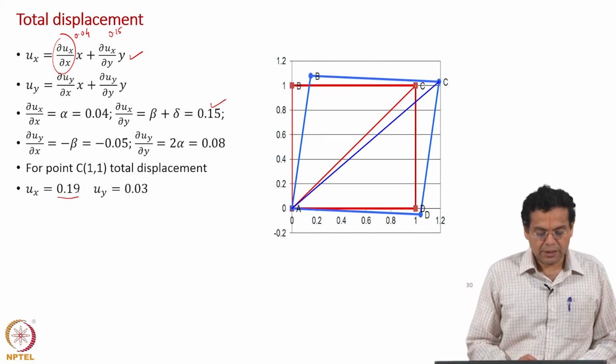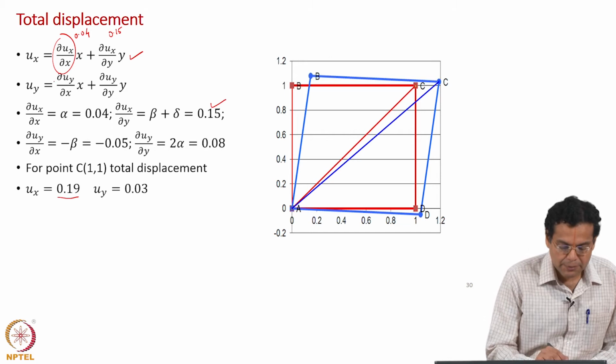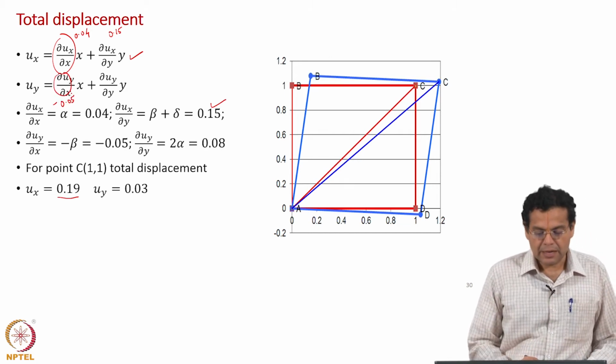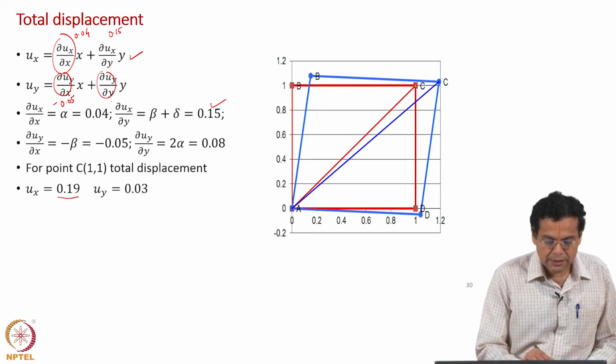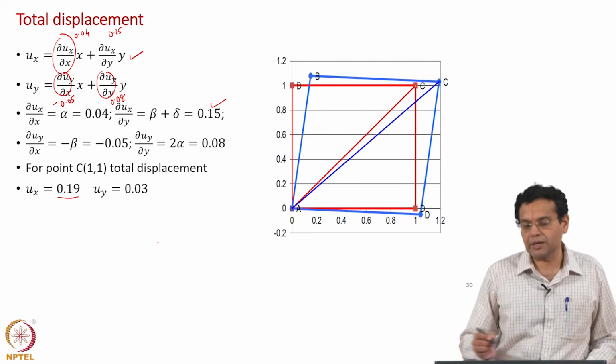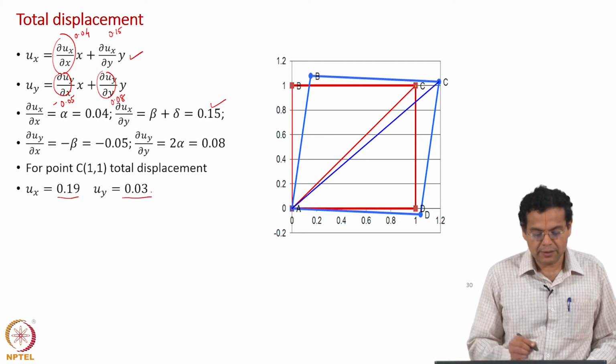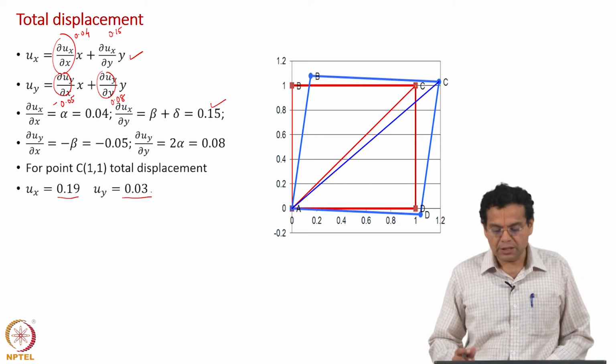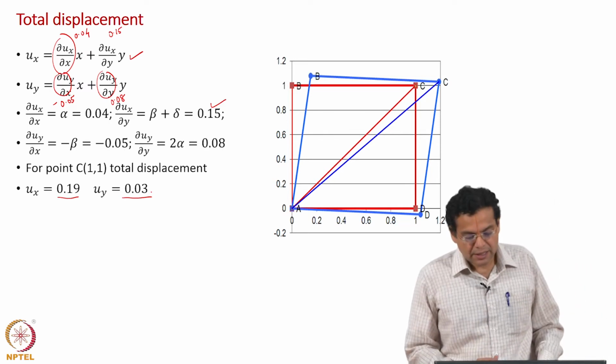Coming to u y, dou u y by dou x is minus 0.05 and dou u y by dou y is 0.08, x and y are once again 1 because we are calculating for point C, and so you get 0.03. Okay. This is what is shown in the diagram here.